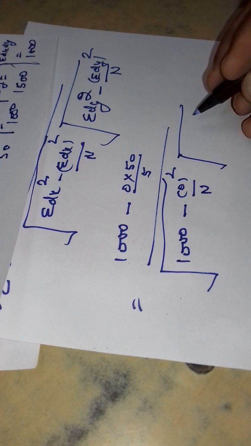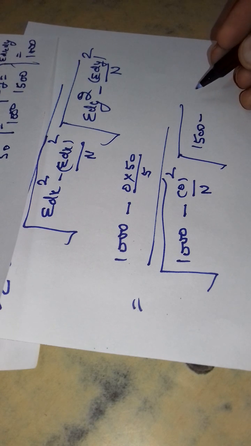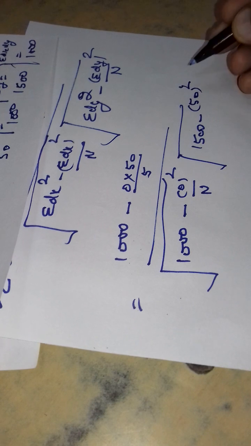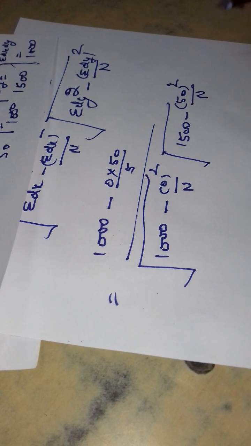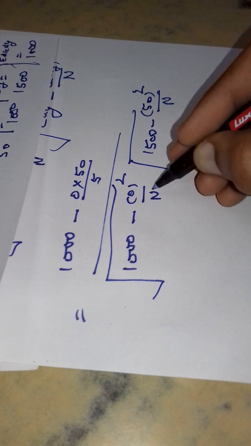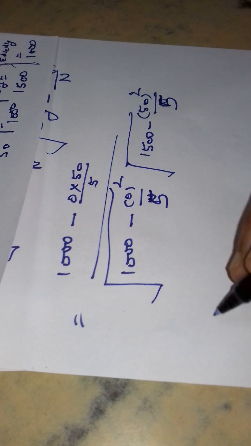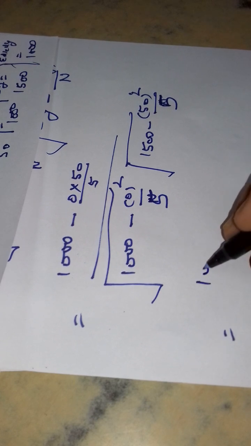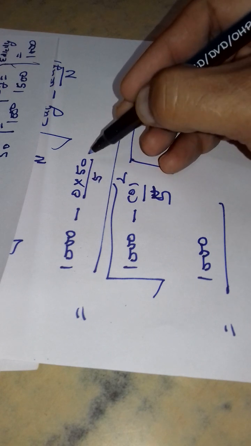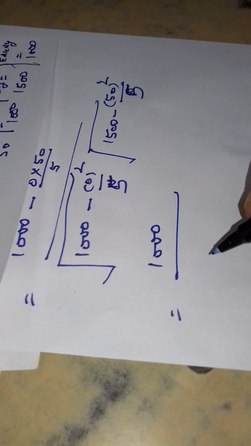Simultaneously summation dy square is 1500 minus summation dy is 50, the square of 50, over n, which is 5. Let's solve. It becomes 0, 0 into 50 is 0, over 5 is 0. Then we got 1000 as fixed.